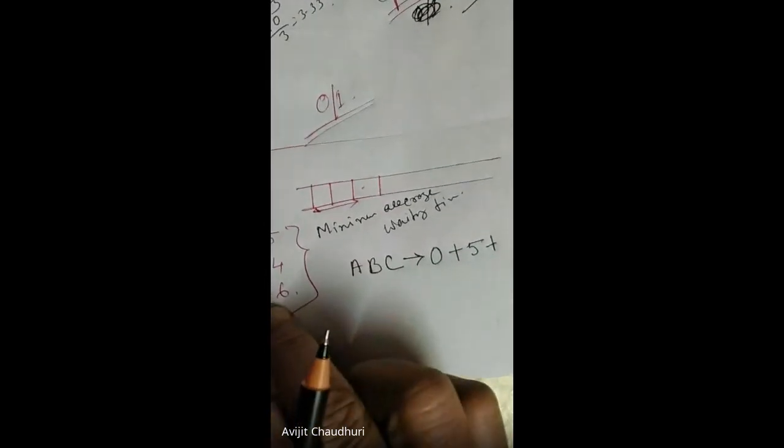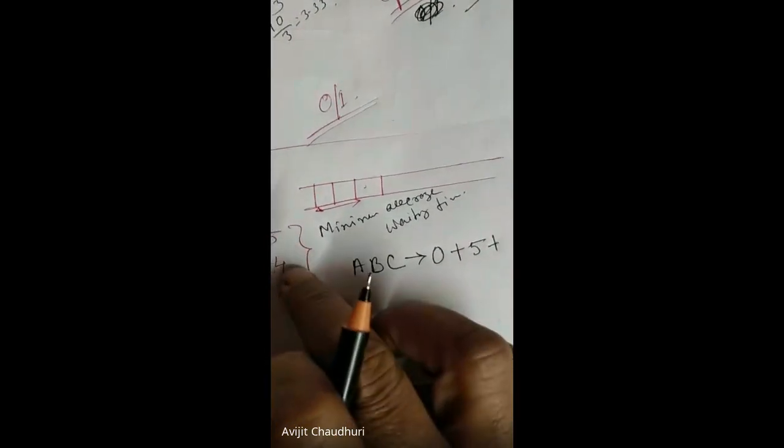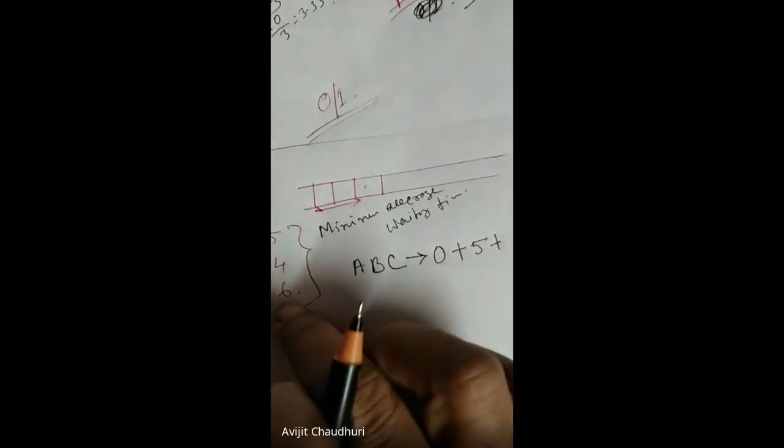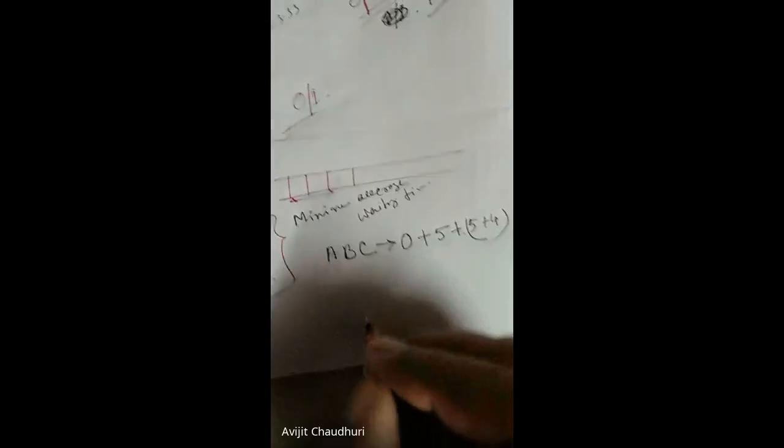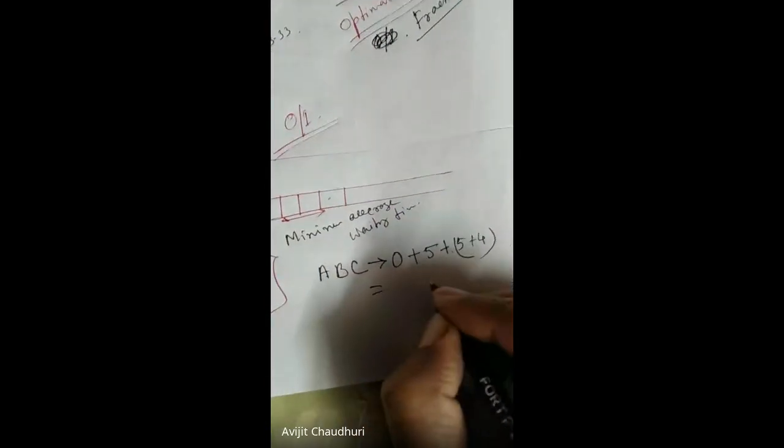So 0 waiting time, plus next is B. It waits till A has completed. So 5, plus C waits for A and B. Whenever A and B are completed, then C starts. So 5 plus 4. Is that clear? Yes, sir. Is equal to what?